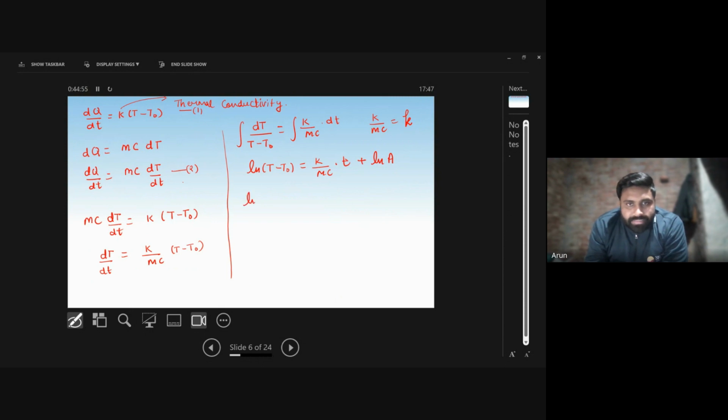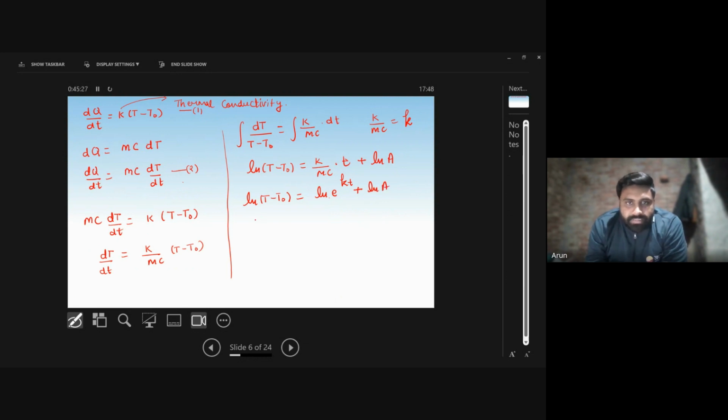Now you can say that ln(T minus T naught) equals, you can write this as, ln e raised to the power small k into t, because this ln is on base e, so kt will come in front of the ln, and ln e will cancel out and become 1. So we can write this kt as ln e raised to the power kt plus ln a.